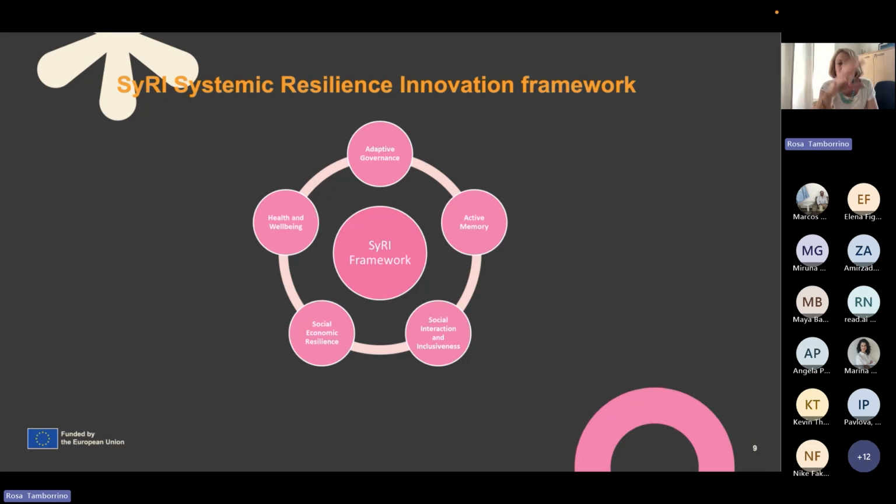This is our methodology, which we have called SIRI, the Systemic Resilience Innovation framework, that includes adaptive governance, health and well-being, social economic resilience, social interactions and inclusiveness, active memory, all important components for creating a strong resilience in communities.